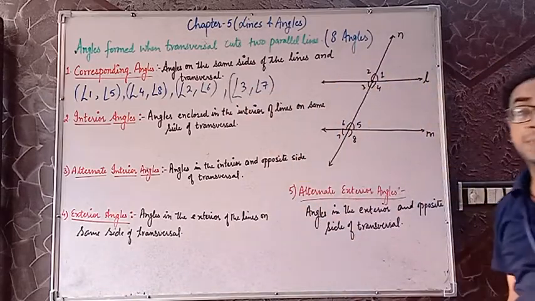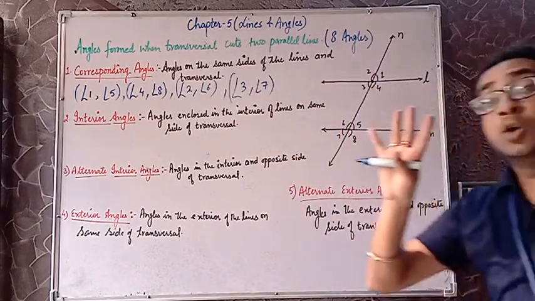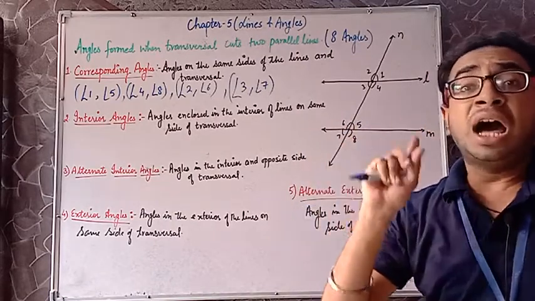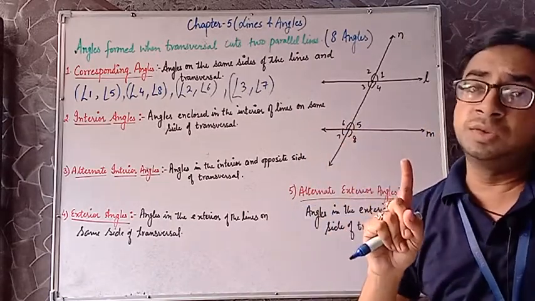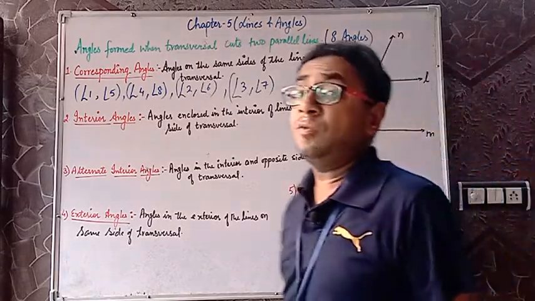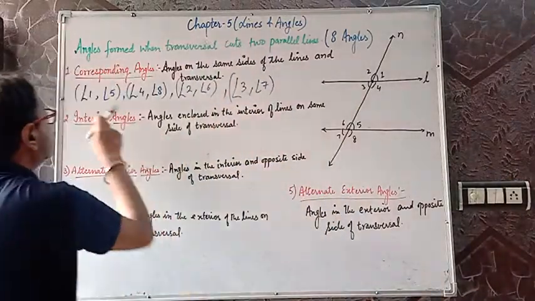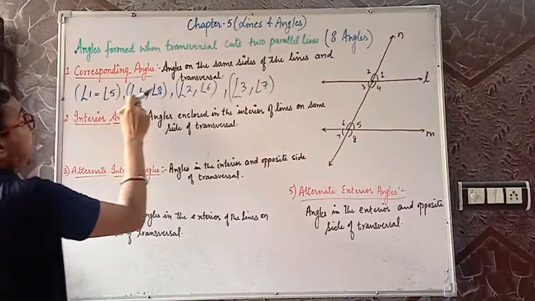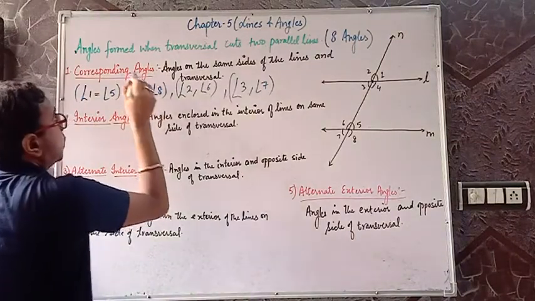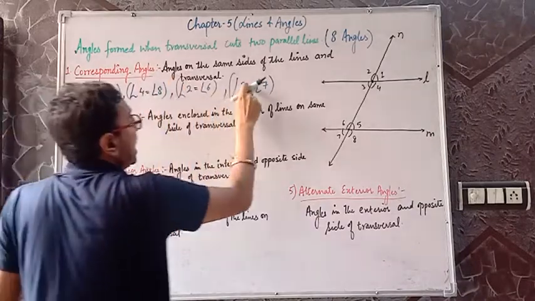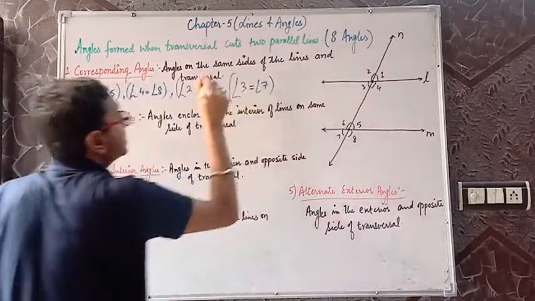These are the 4 pairs of corresponding angles we get when two parallel lines are cut by a transversal. Clear? Now in case of parallel lines, all these corresponding angles are equal. Angle 1 equals angle 5, angle 4 equals angle 8, angle 2 equals angle 6, angle 3 equals angle 7.